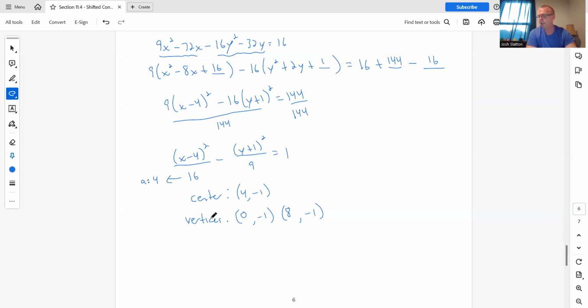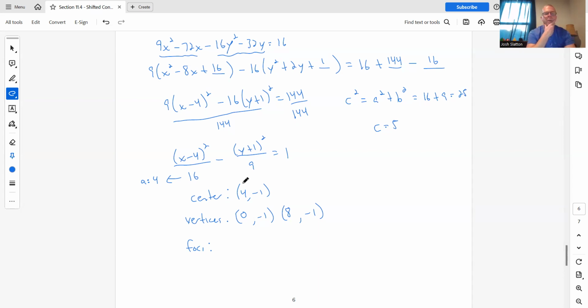And then the focus points. We need to figure out what c is. c squared is a squared plus b squared, so that's 16 plus 9, which gives us 25. That tells us that c is 5.